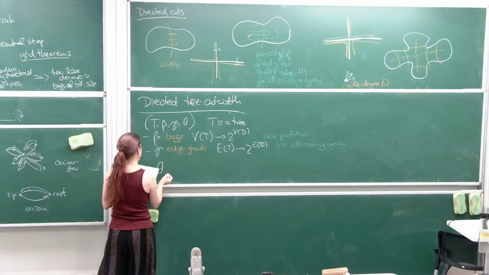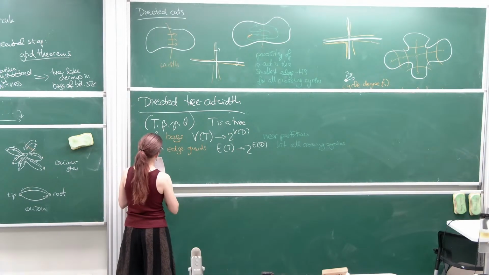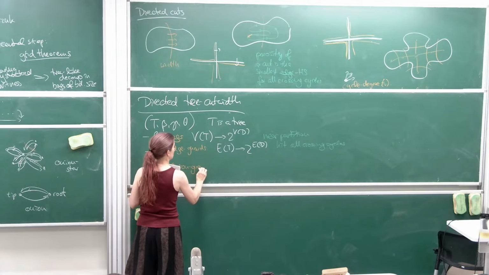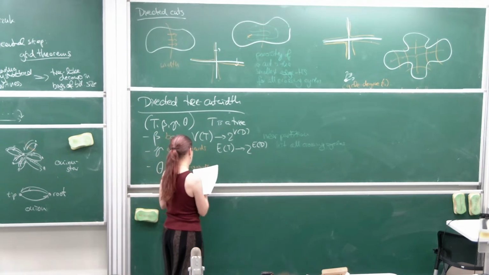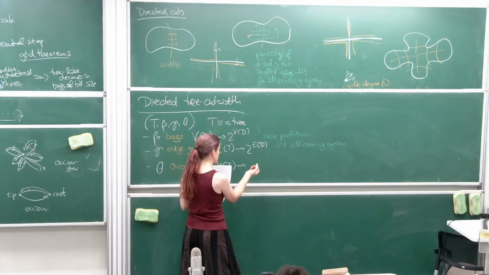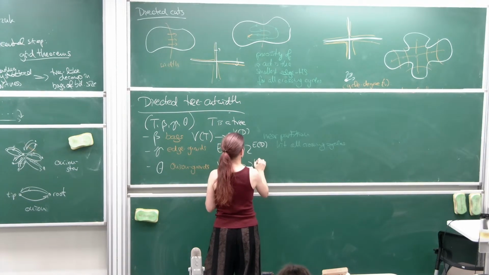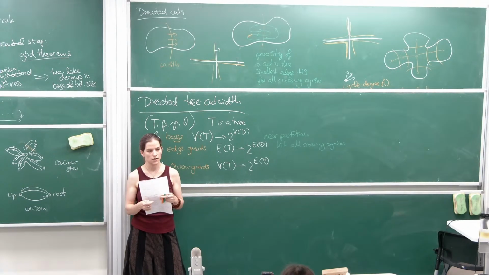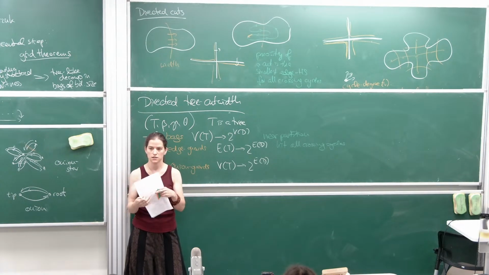And finally, we have theta, which are onion guards. They map every vertex to an edge set that is now a hitting set for all out onions or a hitting set for all in onions.